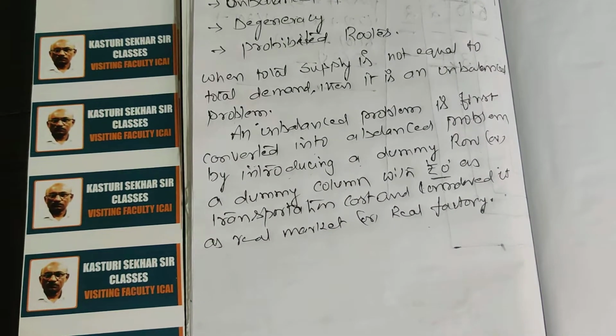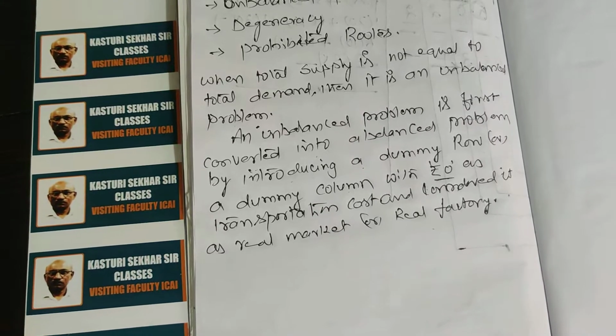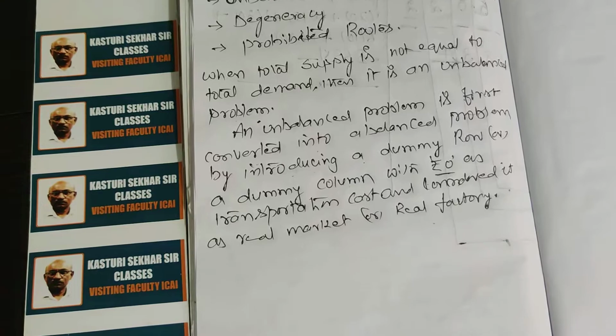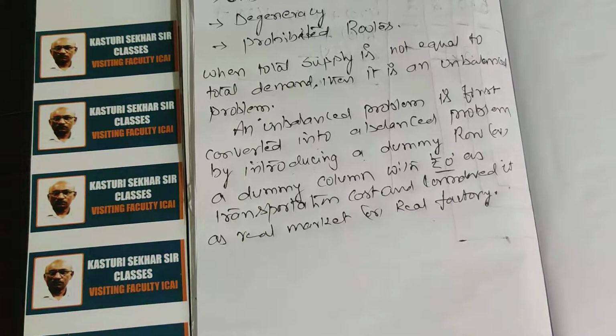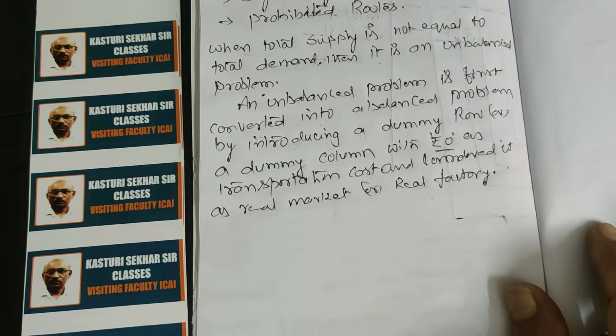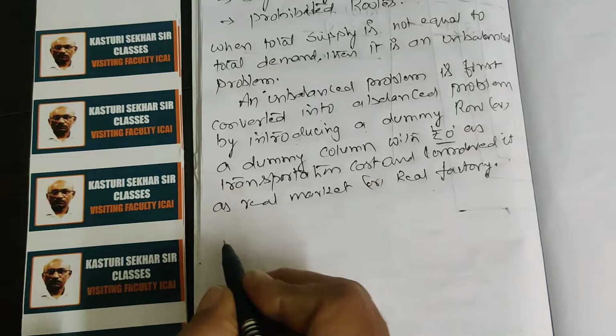If a dummy factory is introduced, it is treated as a real factory where we are producing the goods. If a dummy market is introduced, we have to treat it as a real market and we are selling the goods in the real market. Let us see a numerical problem on this.